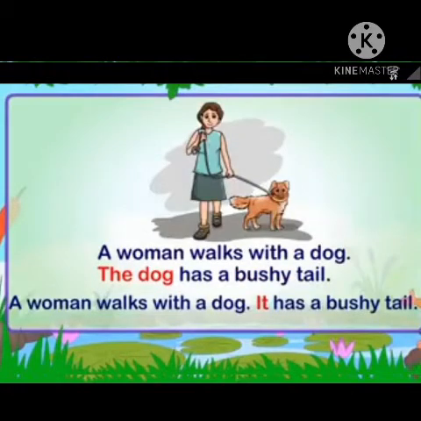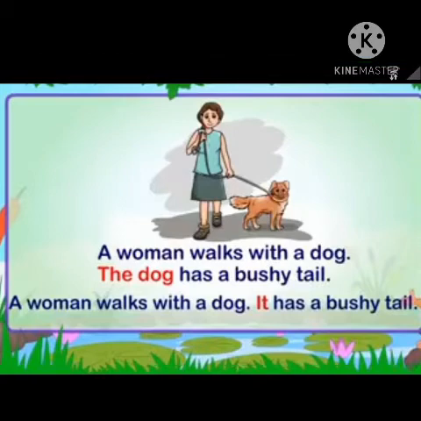Like, a woman walks with her dog. The dog has a bushy tail. So, here we should not use the dog again in the next sentence. Rather, we should use it for the dog.